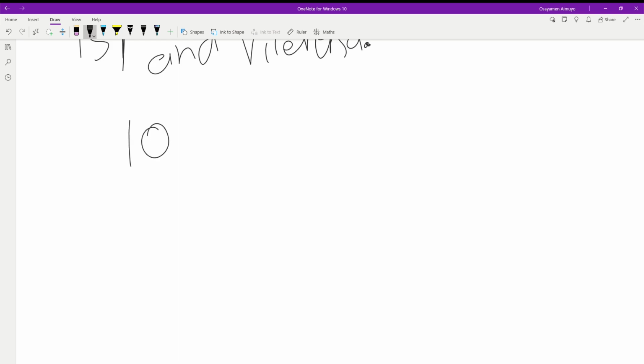Let's just say you have like 1054.75, right? So a very, very quick way to do this, and there are multiple methods, but I'm only going to focus on one.